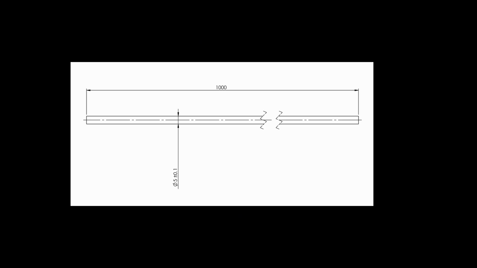And now, sometimes we may have to make the form of a regular feature of size independent of its size limit. Meaning we do not have to apply GD&T Rule 1. For example, let's say we have a mild steel cylindrical rod of diameter 5 mm plus minus 0.1 and the length is 1 meter.